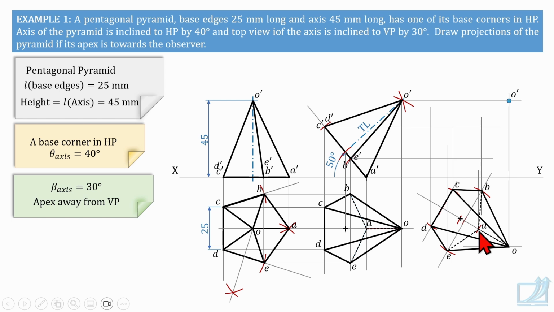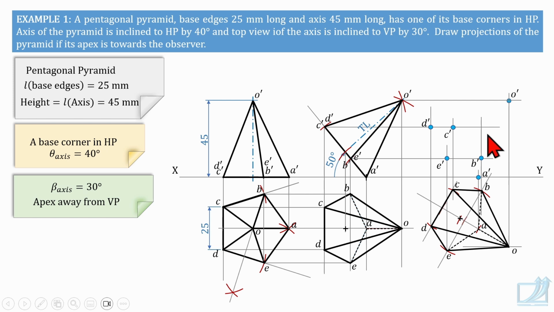Similarly, vertical line through point A and horizontal line through point A, here you will get point A. Vertical line through point B and horizontal line through point B, here you will get point B. Similarly, point C, point D, vertical line through D and horizontal line through D, here it is point D, and finally point E.